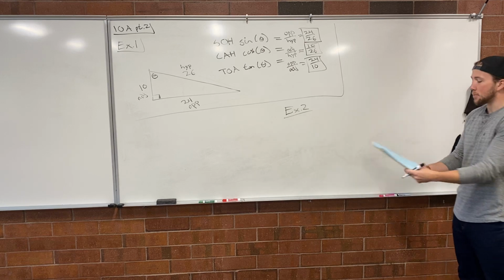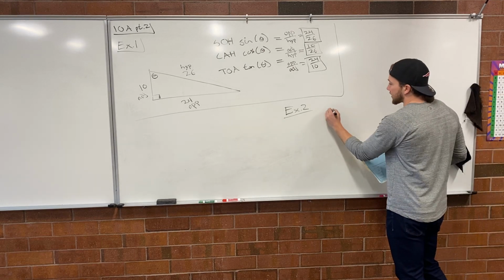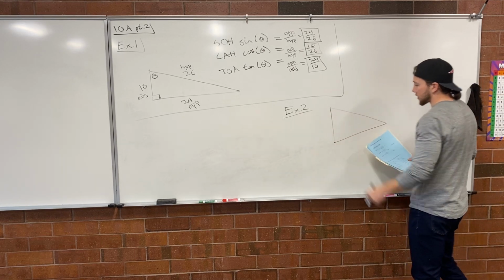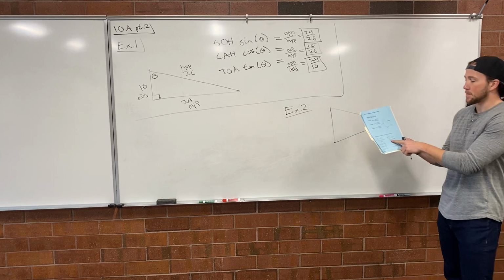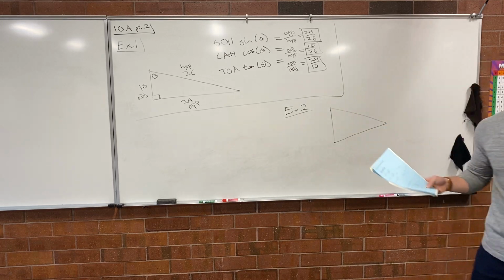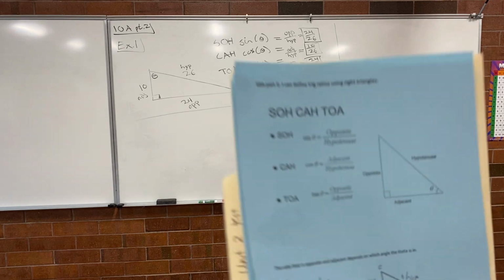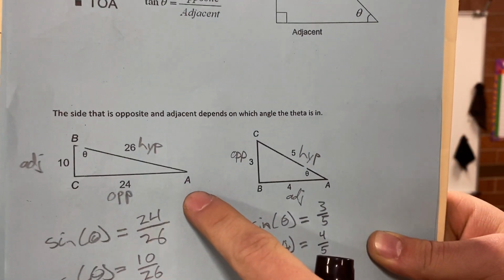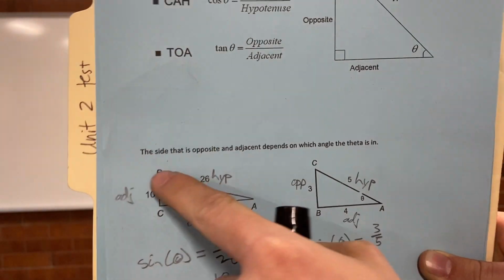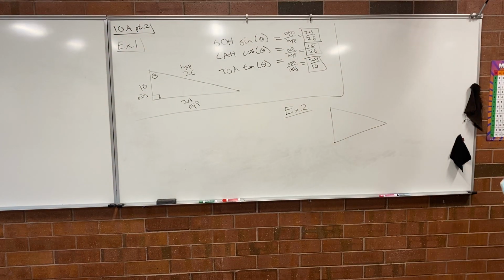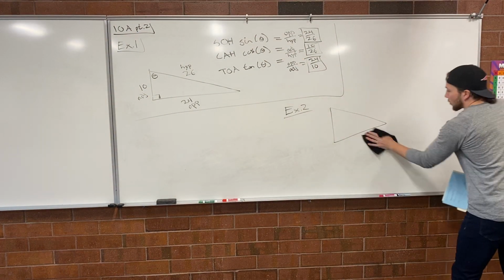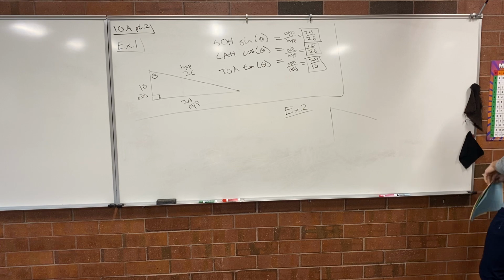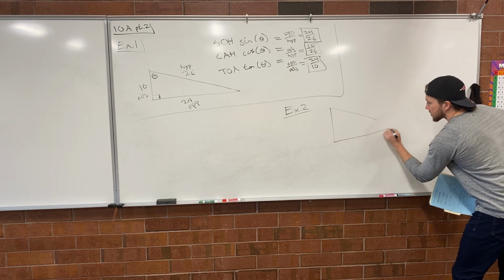Our next example, we've got a triangle that looks like this. If you're a little confused, we have A, B, C, but I'm not really worried about labeling these, because I don't think we need to add any more confusion here. They're not actually super important for what we're doing today.